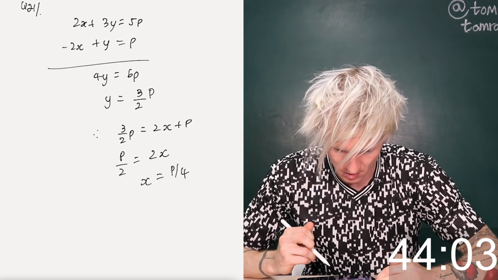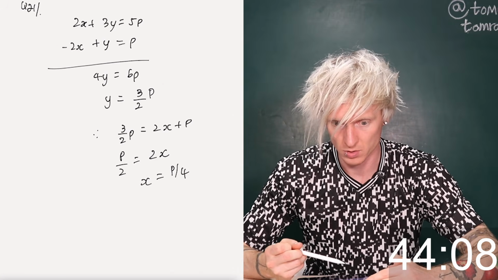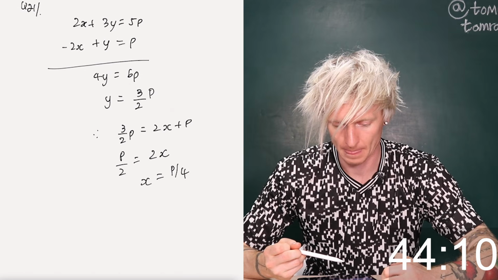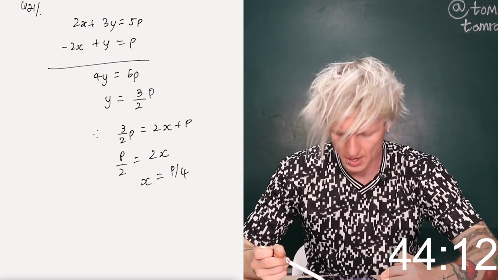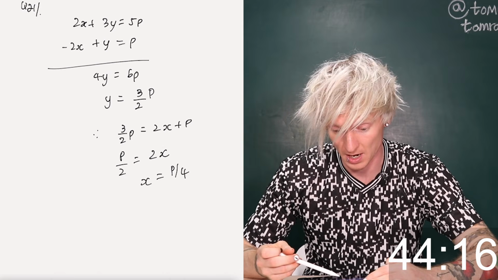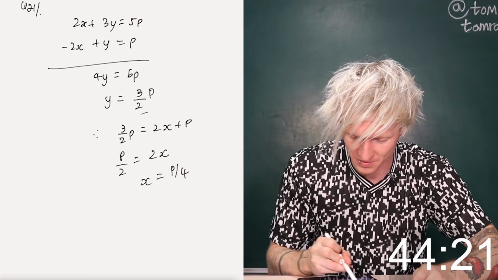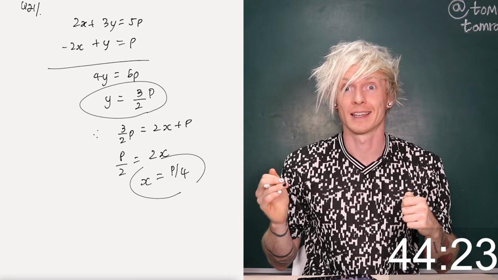So 2x would be p over 2, plus 3y would be 9p over 2, 12p over 2. Let's just check that. 2x would be half of p. 3 lots of it would be 4.5. So when you add 4.5 p's to half p, you get 5p. Perfect, so that's correct. So y is 3 over 2p, x is p over 4.